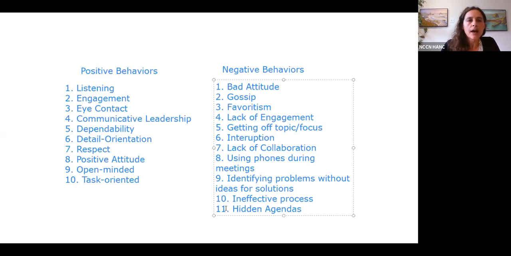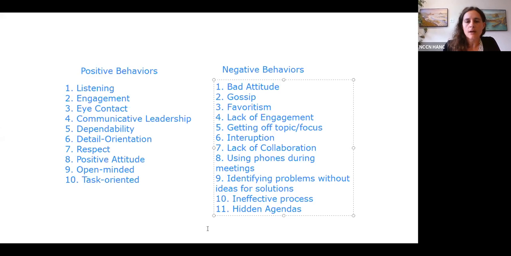So with this, what we'd like to do now is to poll everyone on the top 3. If you had to narrow down and only choose your top 3 positive behaviors that make for an exceptional workplace, which of the 3 here on the left would you pick?